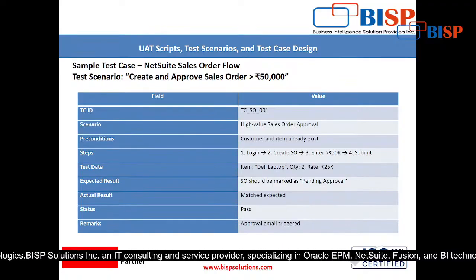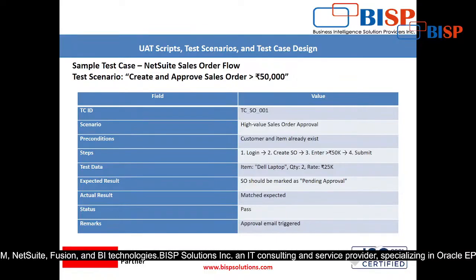Yes, now see here, I am giving you one sample test case: NetSuite sales order flow. Okay, now in this, the test case scenario is to create and approve a sales order greater than rupees 50,000.